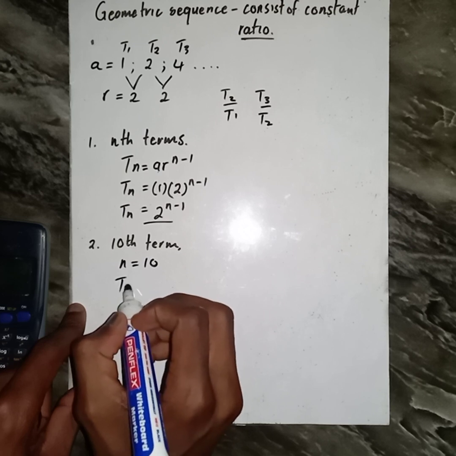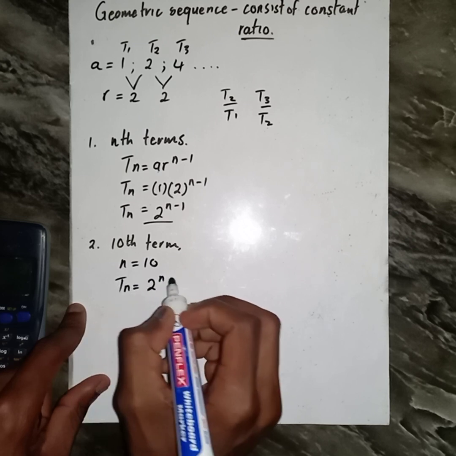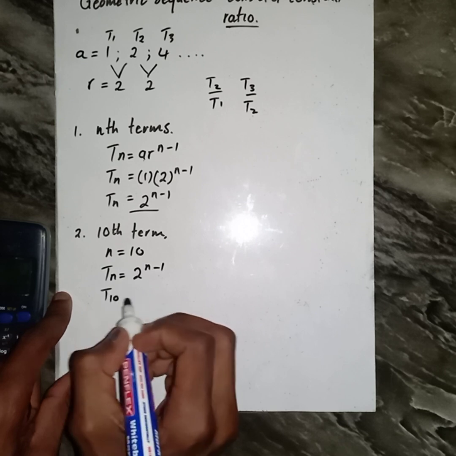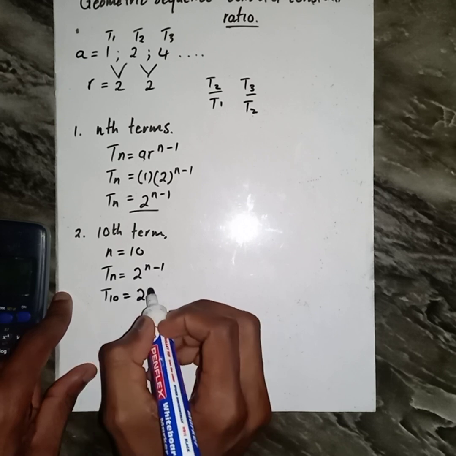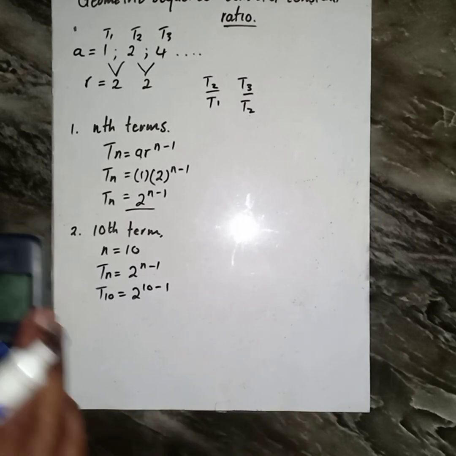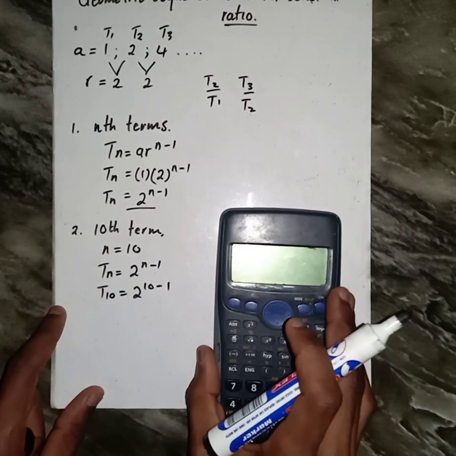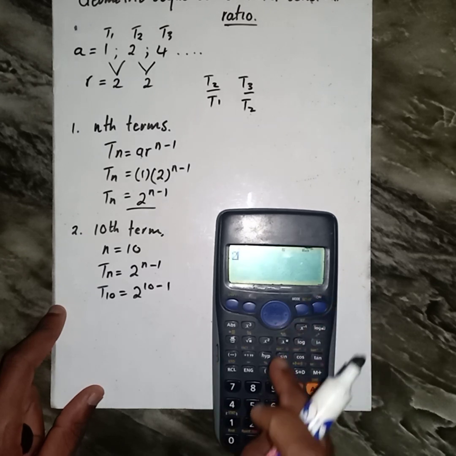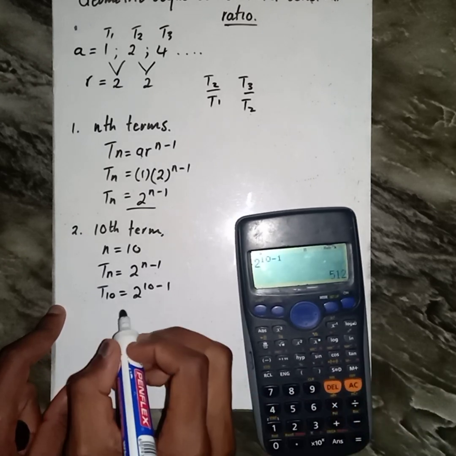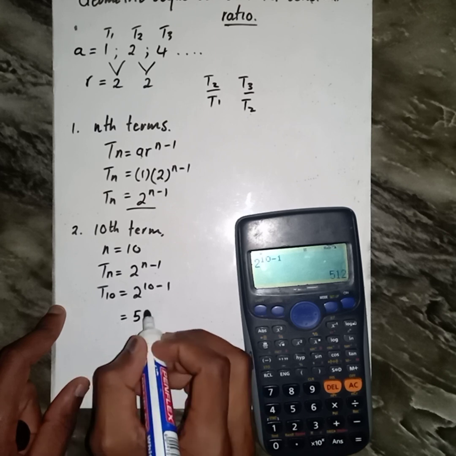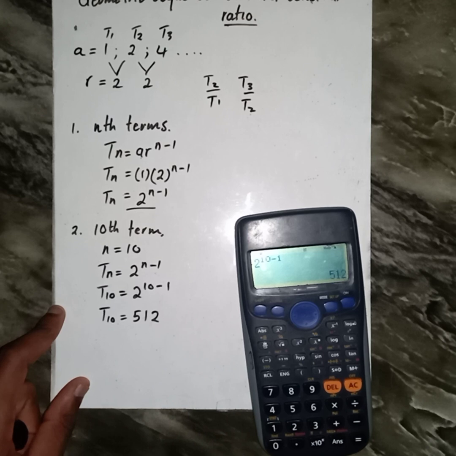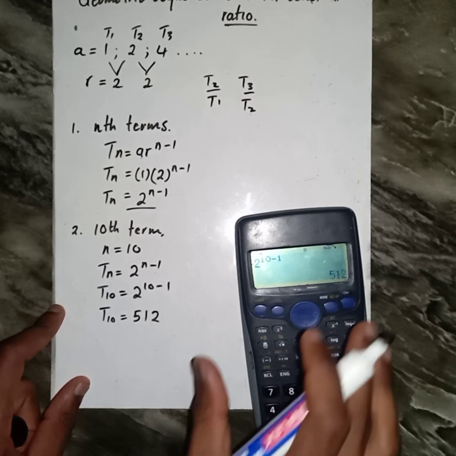Where we see n in our formula, we plug in 10, then say 10 minus 1. From here, you can just use your calculator. By saying 2 to the power 10 minus 1, we get 512, which is our value for term number 10.